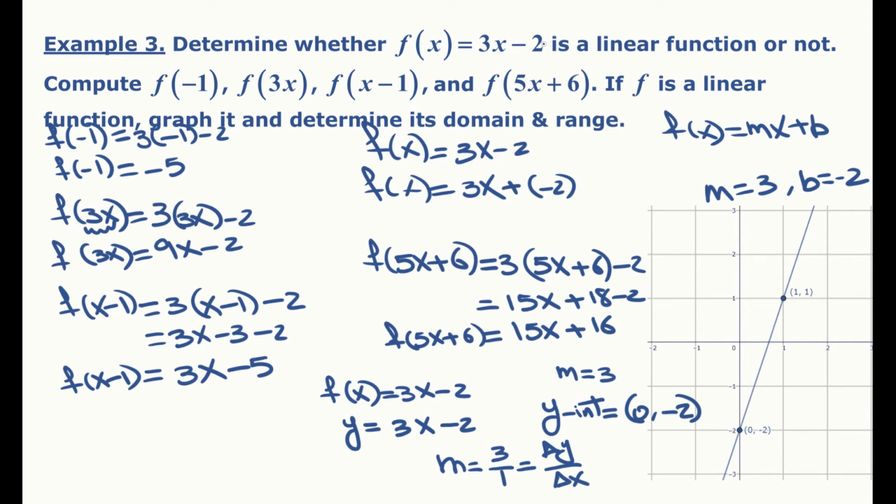As far as the domain and range, of course we can use any x value to plug into here, so the domain is all real numbers, and consequently we're going to end up getting all the y values on the y-axis as well, eventually, as y coordinates of points on this line. Therefore the range, or the set of outputs, will also be the set of real numbers.